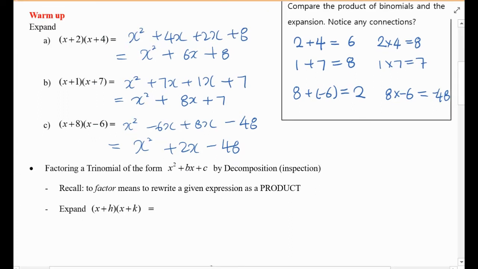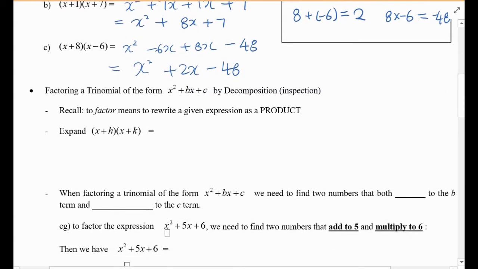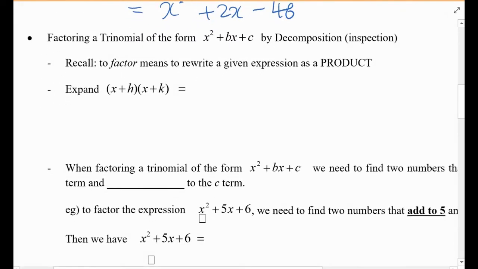Therefore, each product of binomials has the same connection. You get this number by adding those two. You get this number by multiplying those two. Make sense, everyone?